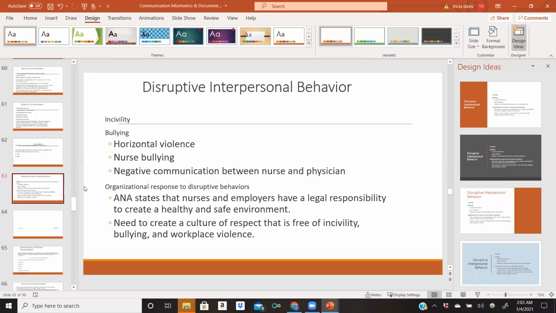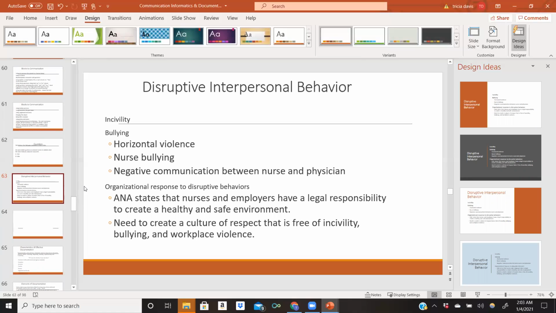So incivility and bullying. Incivility is rude, disruptive, intimidating, and undesirable behavior directed at another person. It also includes failing to act when an action is warranted, such as refusing to assist a coworker or share important information about a patient's care because you don't get along with them, or you don't like the type of nurse they are, or you don't like the physical therapist.